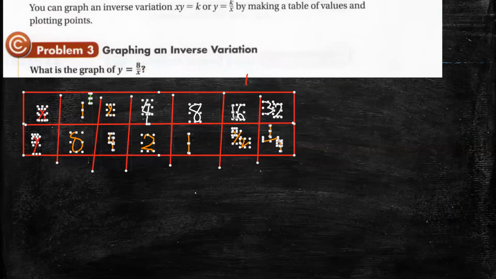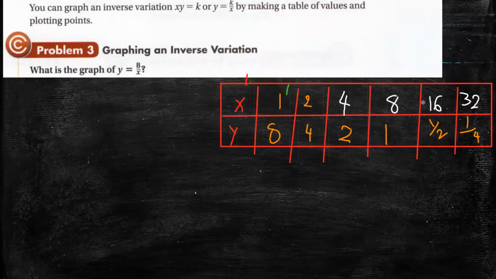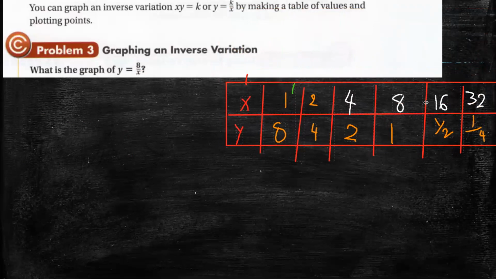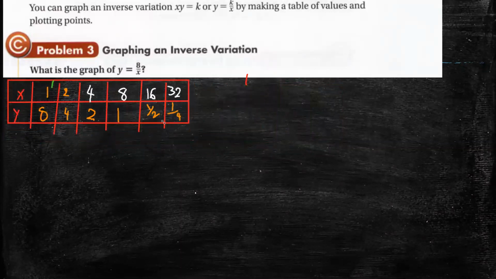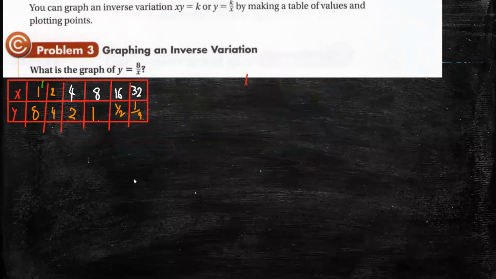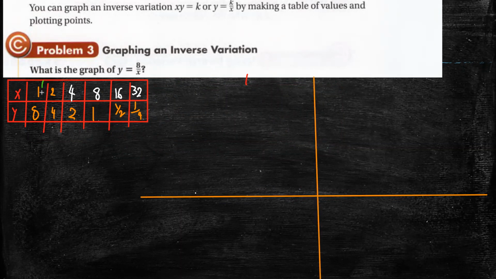Then after that, let's now graph it here on the XY plane. Here we have 1, 2, 4, 8, 16, and 32.